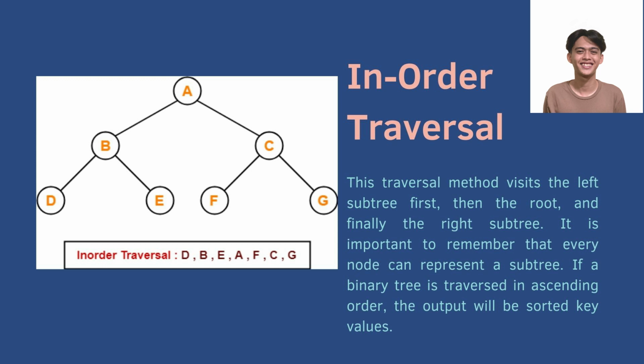So we'll go through D, and we will check if the child of the root node has a grandchild. So it has.